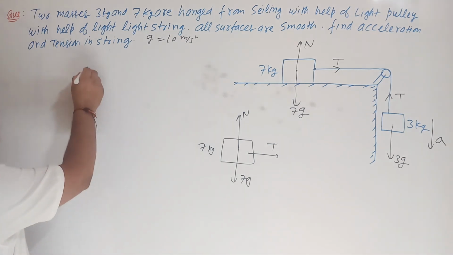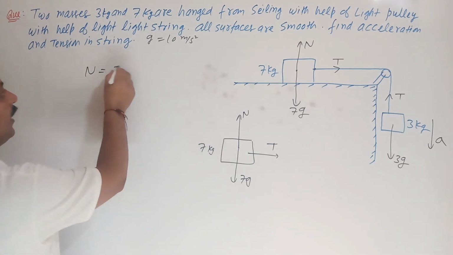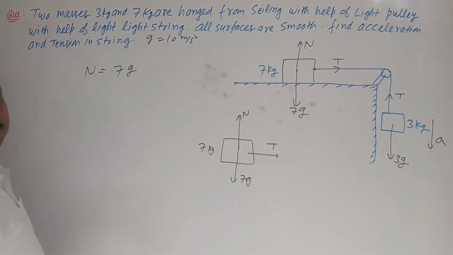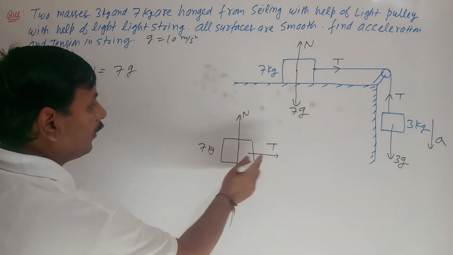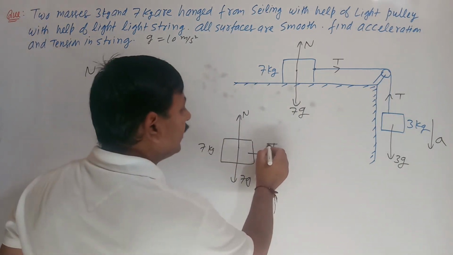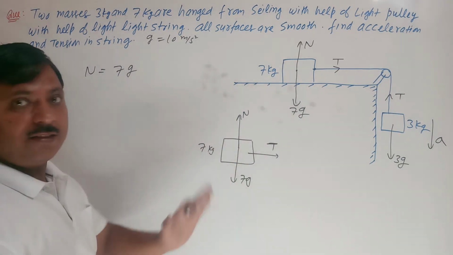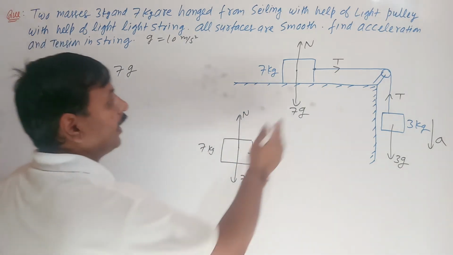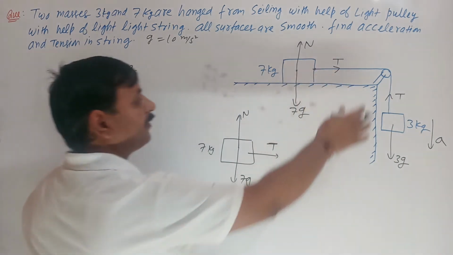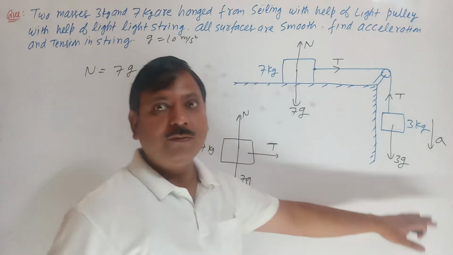This normal reaction N is balanced by 7g, and the only net unbalanced force, tension, is acting towards the right, and acceleration, see here, in the same way, is downward.